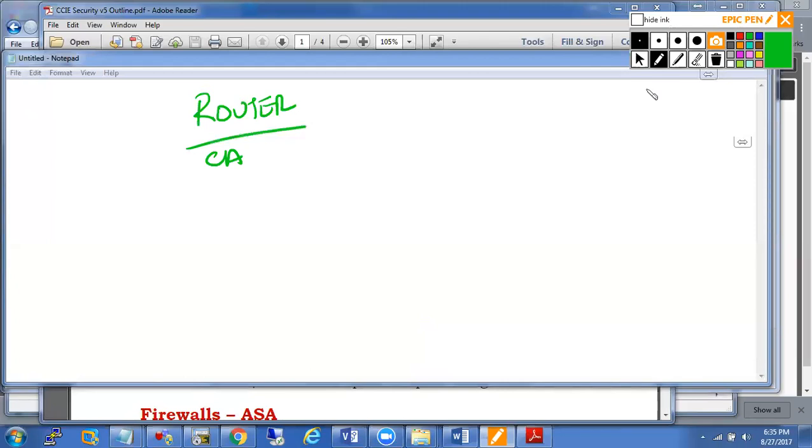Now, router as a CA server. Another thing you need to understand about the CA server is the importance of time. When I issue a passport or a driver's license, is it valid forever? No, it has a validity on it, correct?